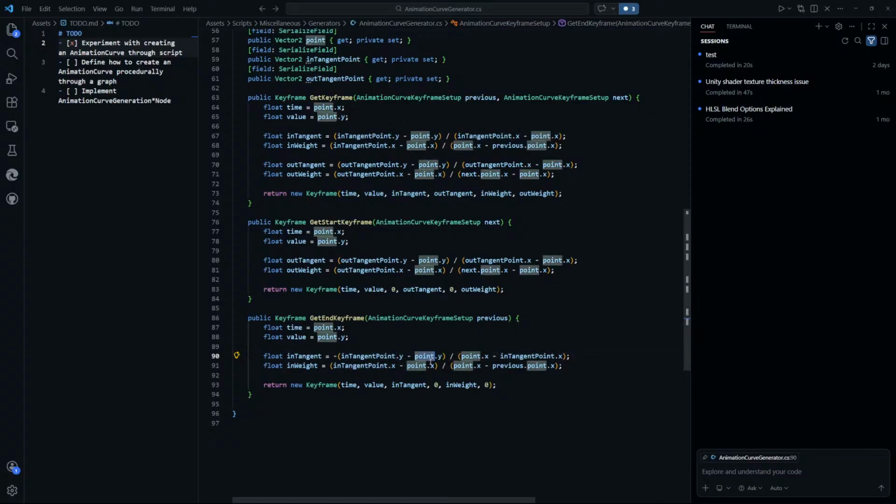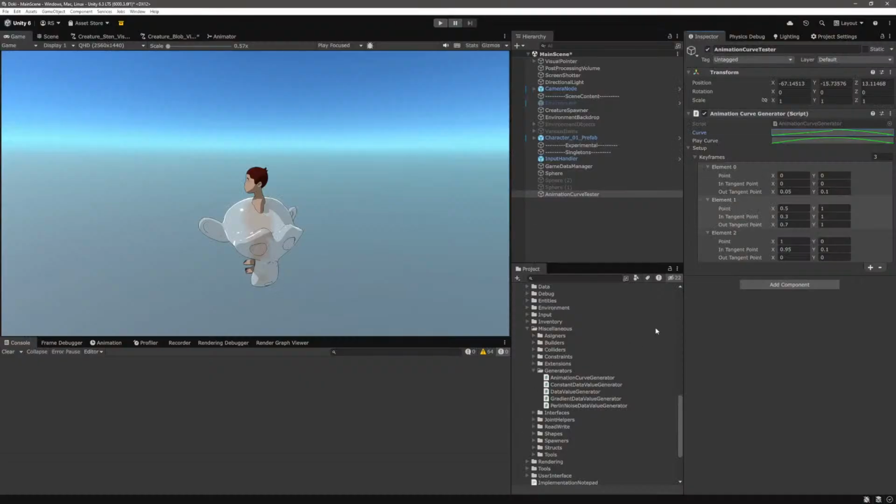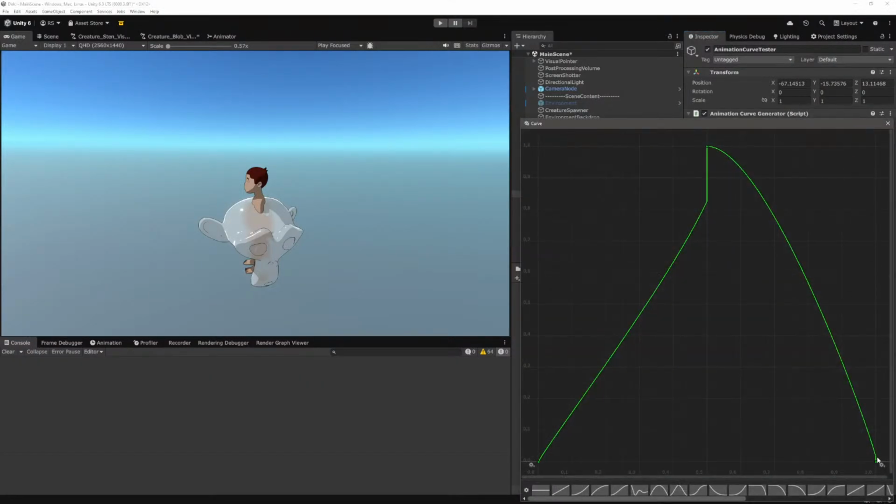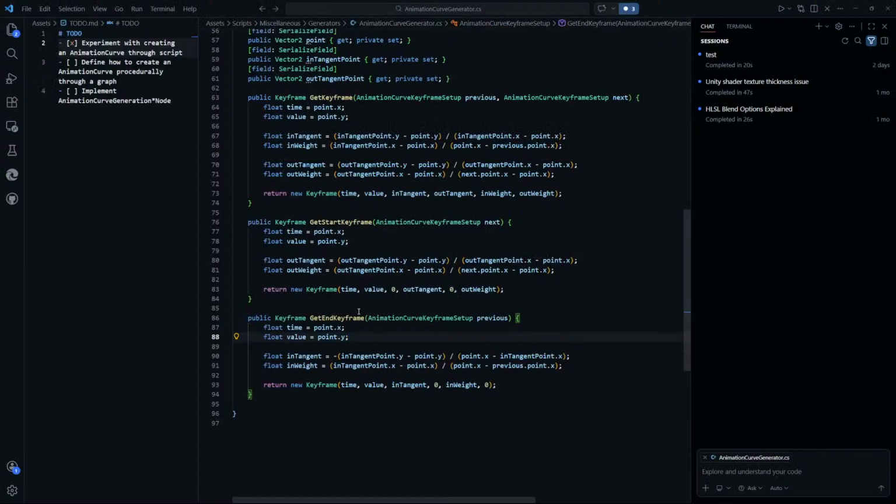This one is 0.1, this is 0. And then it should be positive. Now that should be negative, I think. If we have a slope like this, then the intangent should have a negative value. If this one is bigger than this one, it should be negative.